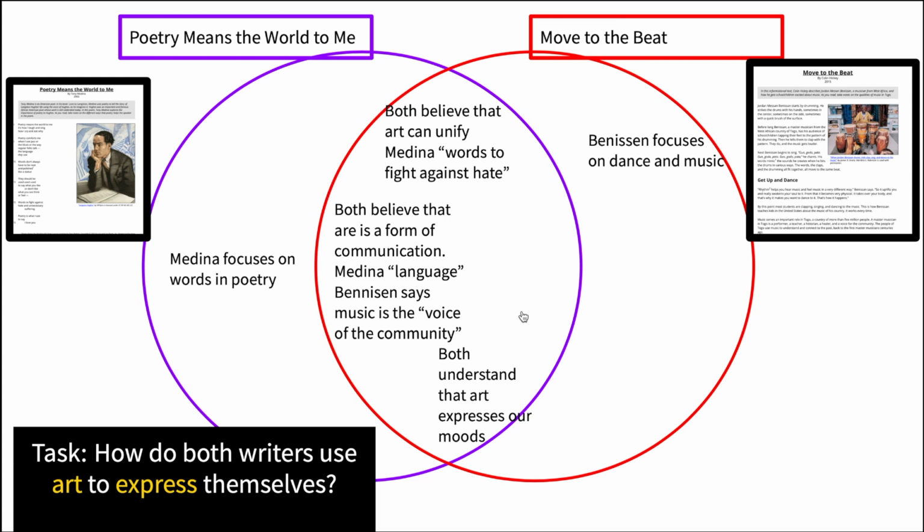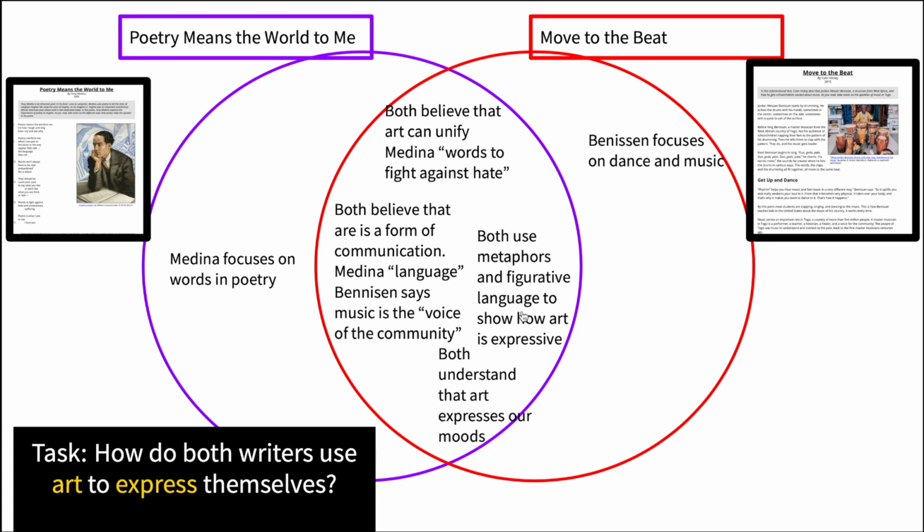Do we see a difference? Let's see if I can spot a difference. Nope, another similarity. Both use metaphors and figurative language to show how art is expressive. And I wonder if you could pick out some of the different metaphors. Remember that in the Benison article, he says that the rhythm or certain instruments are like the heartbeat, right?